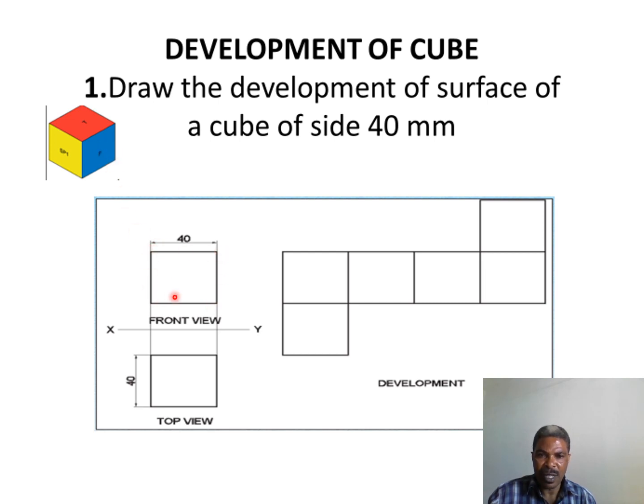It's the front of this cube, and this is the plan of our cube, or top view. So for development, this is one face for the front, this is for the top view, and the remaining 4 are the sides of the cube. So this is the development for our given cube of 40 millimeters long.